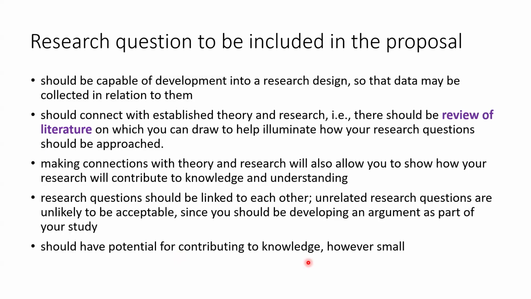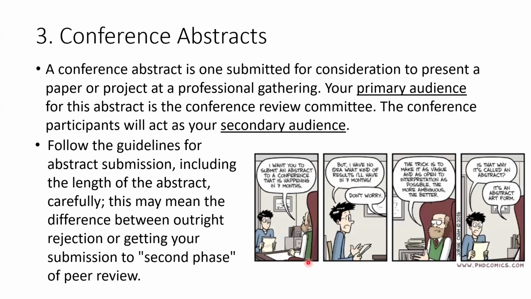Now let us go to the next section, the conference abstract. The conference abstract is a short summary you submit when you want to present your research at a conference. It might be in the middle of your research, or it can be at the end of the research.